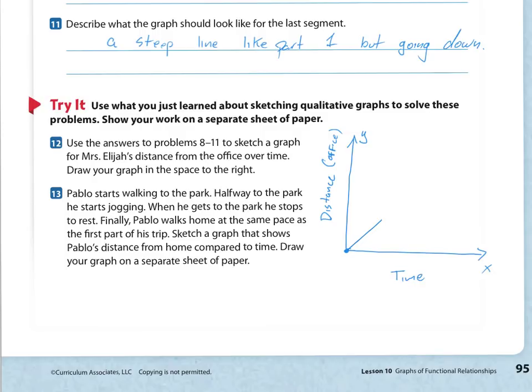They don't know when you're rushing. And then she stopped for a period of time. So we're just going to make a horizontal line. And then we're going to go back down quickly. So we're just going to make this line quickly. So our line needs to look something like that.